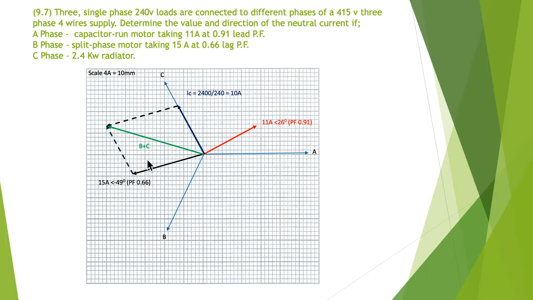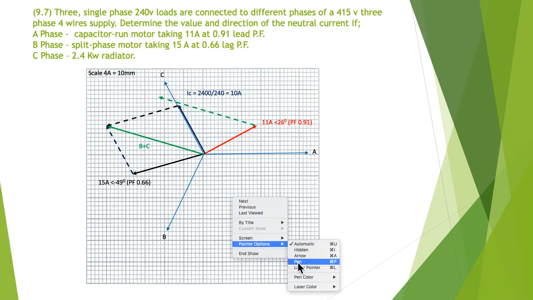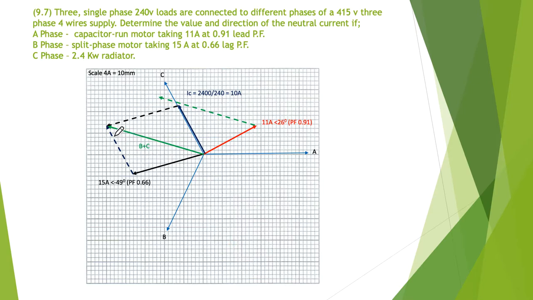Finally, we have to add the green phasor and the red phasor. So again, get your compass out. Measure the length of this phasor, put the point of your compass here, and then scribe an arc out generally in this direction. Got a rough idea where it's going to end up. Then next, we do the same again.